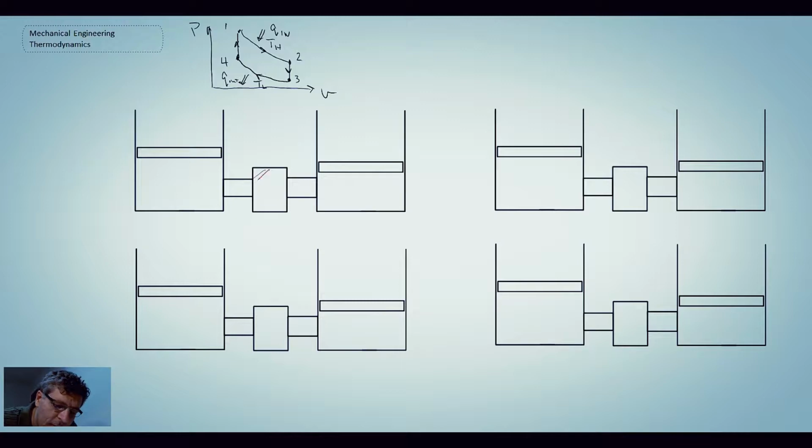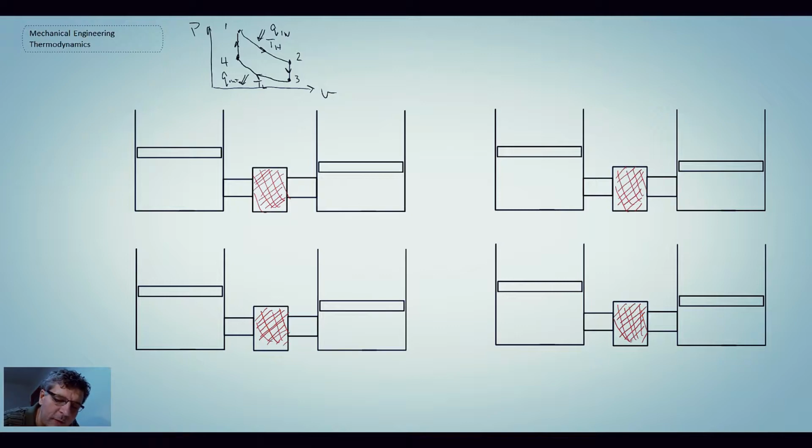This here is our regenerator, so I'm going to draw that red because it will denote the fact that it is retaining thermal energy as the gas moves from one side to the other. So we're going to look step by step through our processes, and I will adjust the placement of the pistons for each of the particular steps that we're looking at.